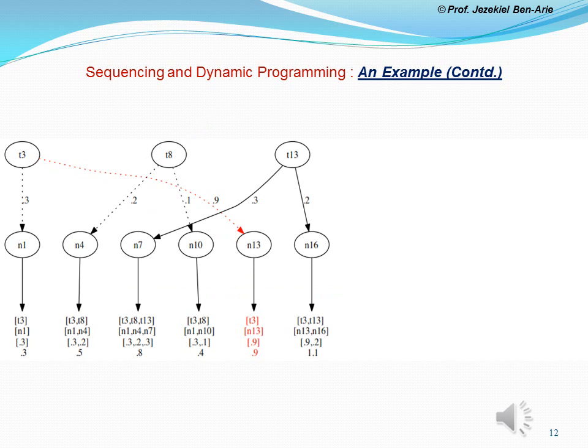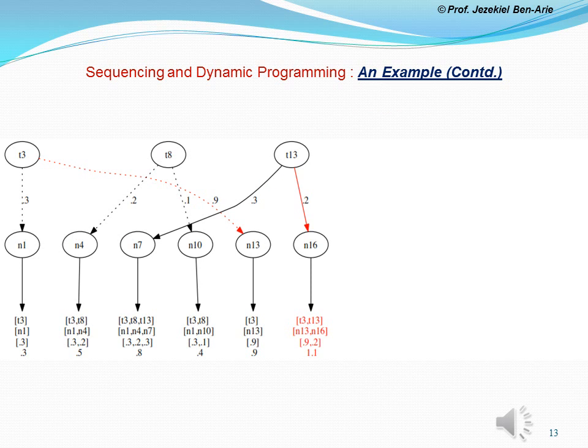Here we have our third input sample, T13, which has 0.3 and 0.2 similarity measures with training samples N7 and N16 respectively. The link with 0.3 similarity measure is disregarded here, as it violates the sequencing principle.